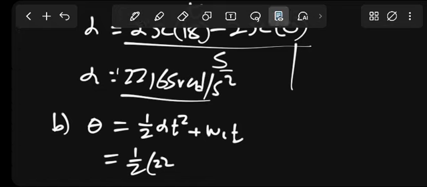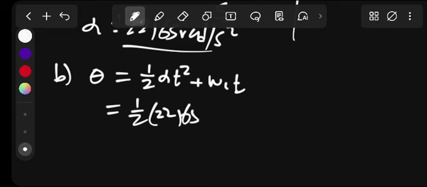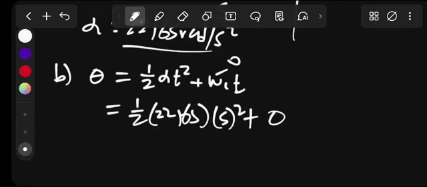So our angular acceleration here will be 22.65. The time was 5 seconds squared, plus initial velocity. This was 0, so this whole thing will be 0.